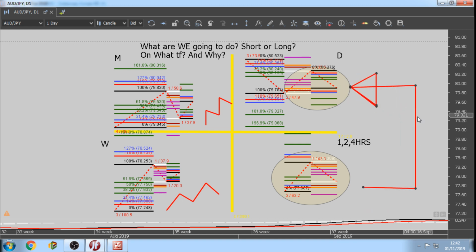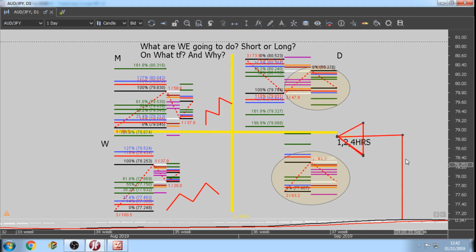Okay, so from the 1, 2, 4 hour standpoint and from the daily standpoint, we would enter short. We would enter shorting the contrarian Fibonacci on the 1, 2, 4 hour chart.